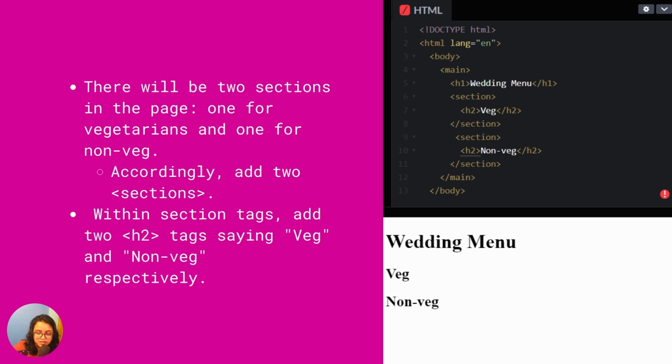The H2 tag is a level below the H1 tag, but it is still a title tag. Okay. So one H2 tag contains veg in the first section. The second H2 tag within the second section contains non-veg. Done. You can see the wedding menu, veg and non-veg appear on the white screen below.